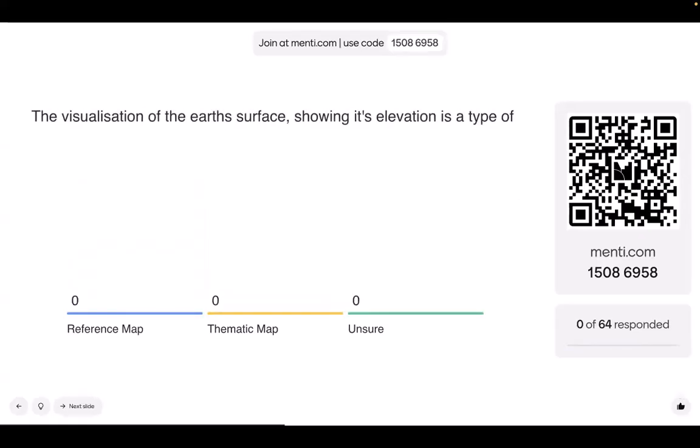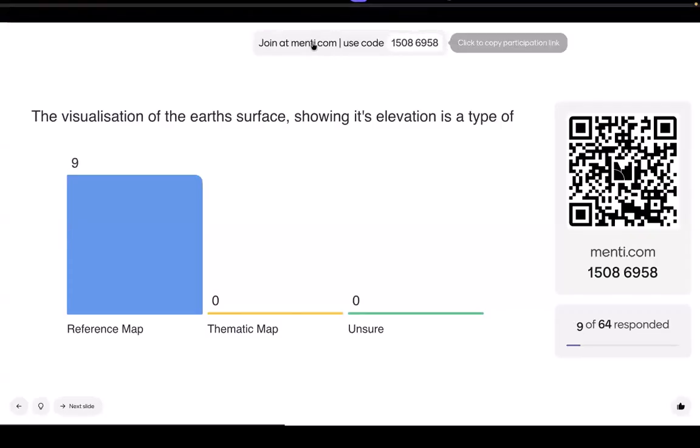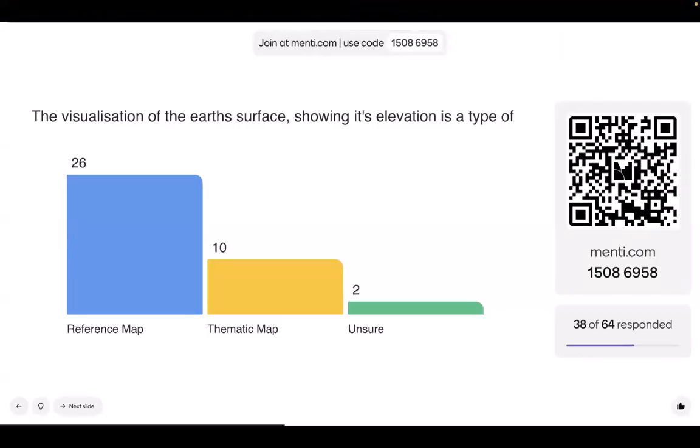The visualization of the Earth's surface showing its elevation is a type of what? Do we think this falls into the definition of reference maps, thematic maps, or again, if you're unsure, absolutely no issue with that response either? That's great. Okay. So the majority of people are thinking that this is a type of reference map, and we've got a few people who are also thinking this could be a thematic map. So let's break this down.